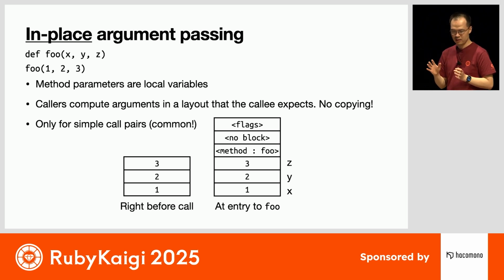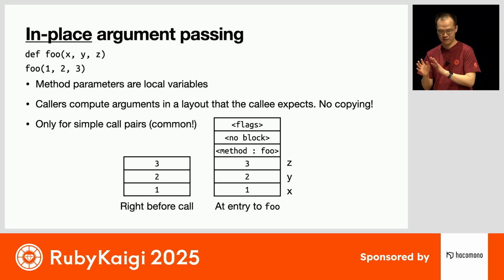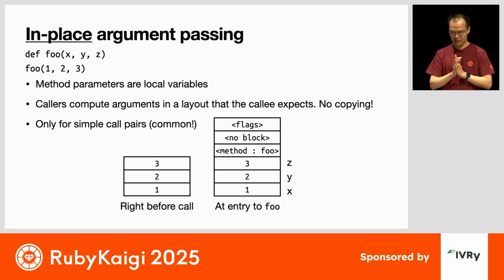You can see that there's some extra metadata on top of the arguments, but 1, 2, 3 don't move. The metadata turns temporary values on the caller side into local variables on the callee side without actually moving them. I'm using simple integers for this example, but this works for all expressions you can come up with to compute your arguments. This is a somewhat fundamental protocol the whole VM is designed around.